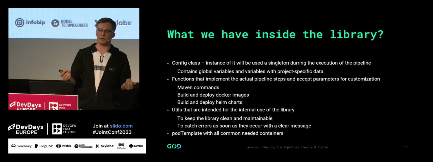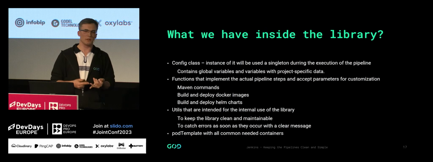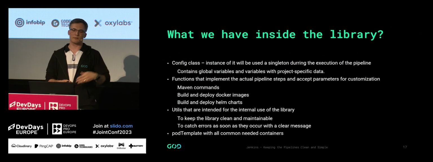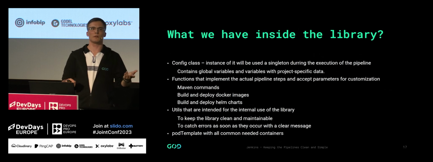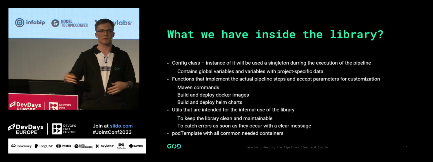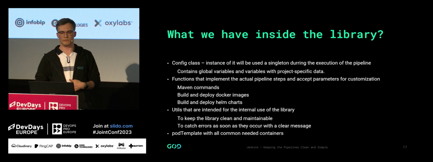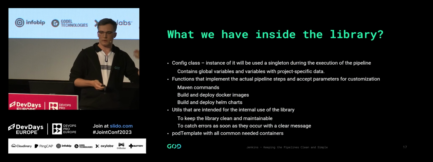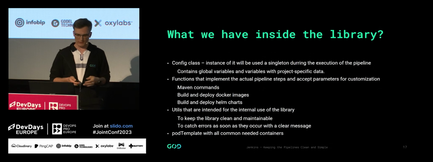I'll have commands for build, commands for Docker images, commands for deploying Helm charts. Of course, I will also have some utils. Some of the utils I will use only internally, some I will allow to use in the pipeline. And as I said before, I also have the pod template itself.